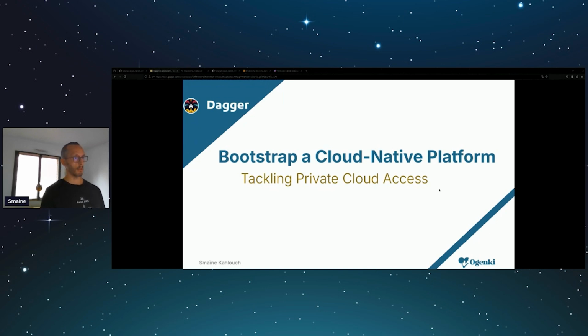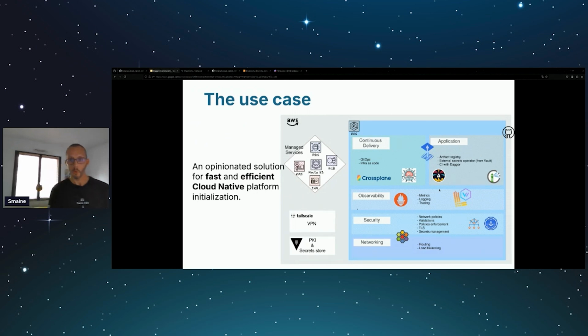Let's get started. So about the use case, I wanted to introduce you to a project I'm working on as a side project. It's actually a GitHub repository that allows to bootstrap a whole cloud-native platform in minutes.